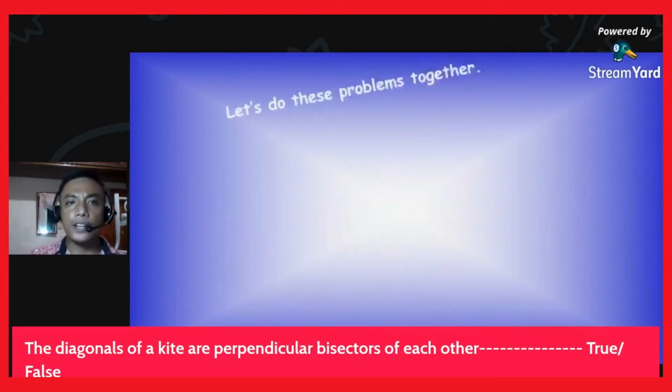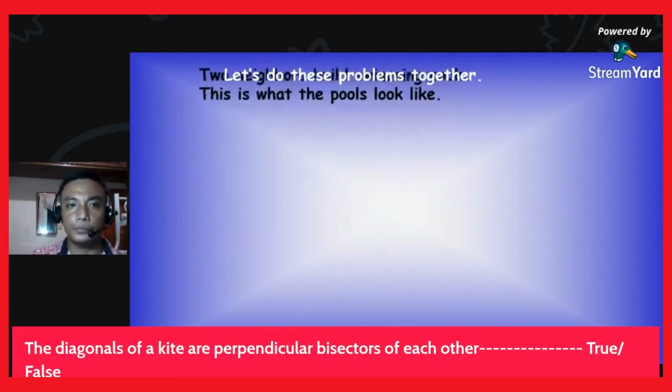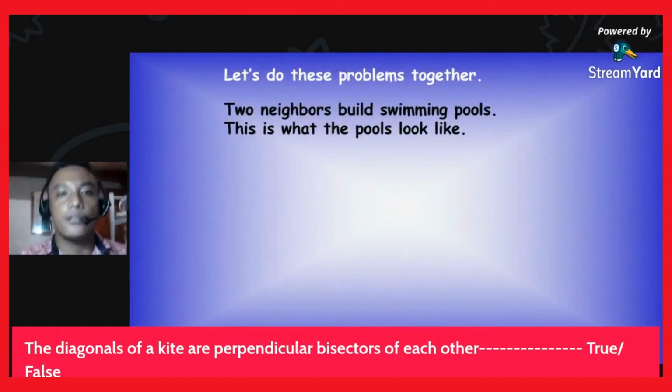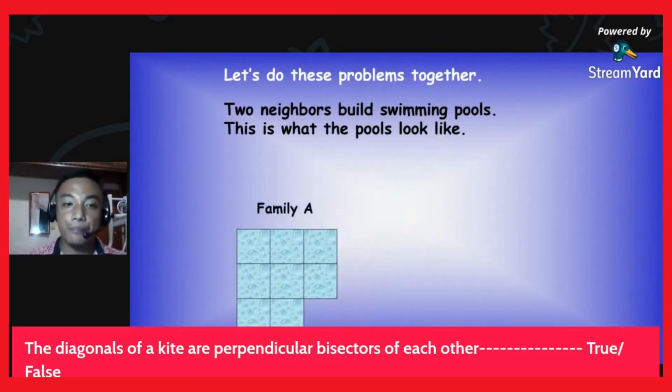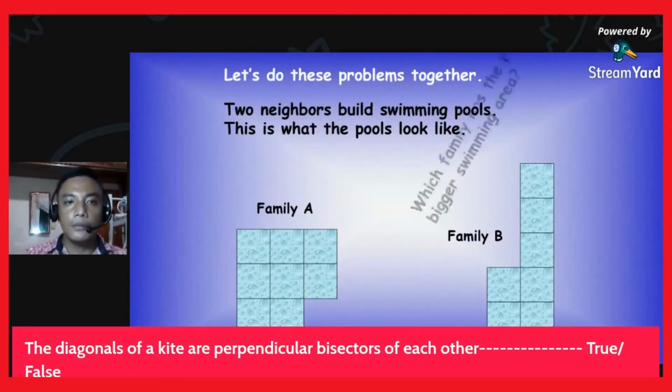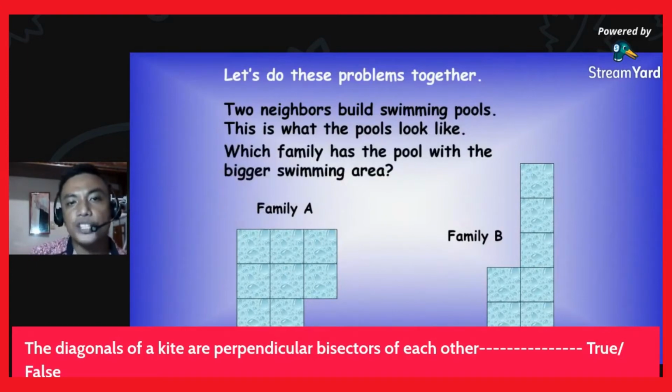Now, let's have another example. Two neighbors build swimming pools. This is what the pools look like for family A and for family B. Which family has a pool with a bigger swimming area, family A or family B?